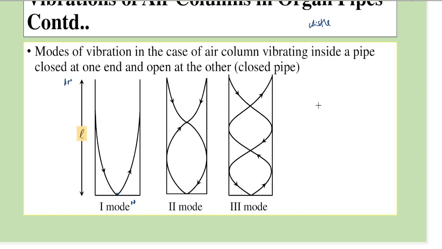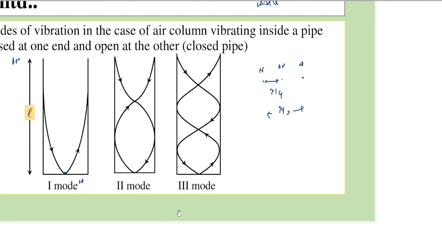So we know that the distance between two nodes is lambda by 2, and the distance between a node and an antinode is lambda by 4. We'll take the simplest case where there is a node at one end and the other end is open. So what we get here is 1/4 of a wave.